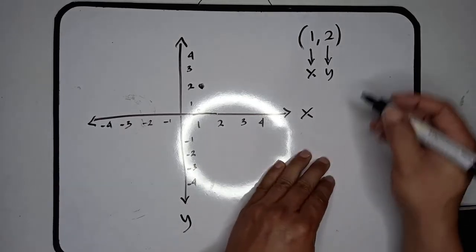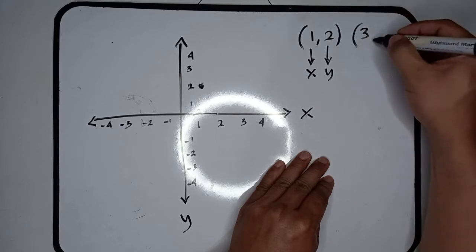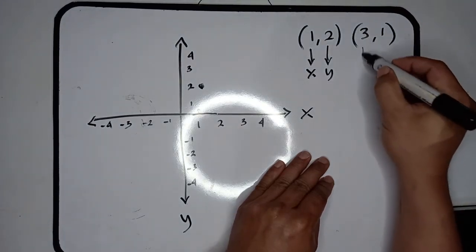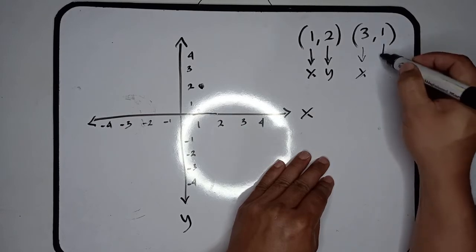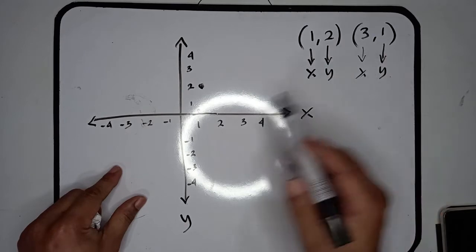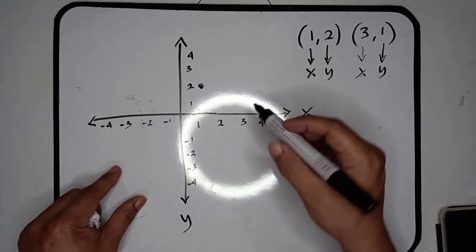Okay, let's have another example. Let's say we have here 3 and 1. So this is again our x, and again this is our y. So let's write 3 for our x. 1, 2, 3. There we go. This is the number 3. And then 1 for y.